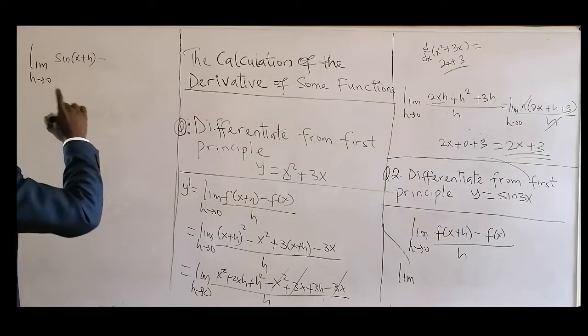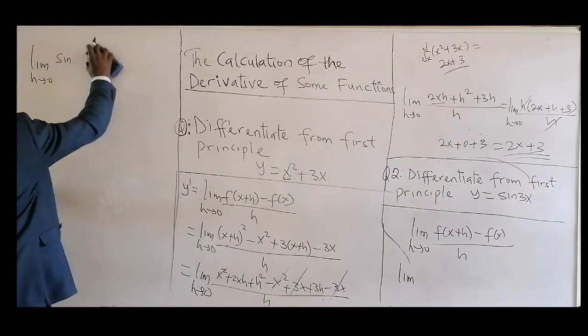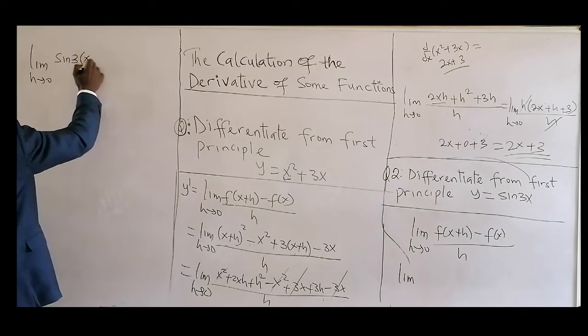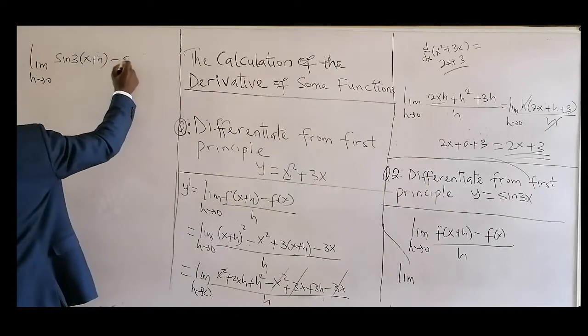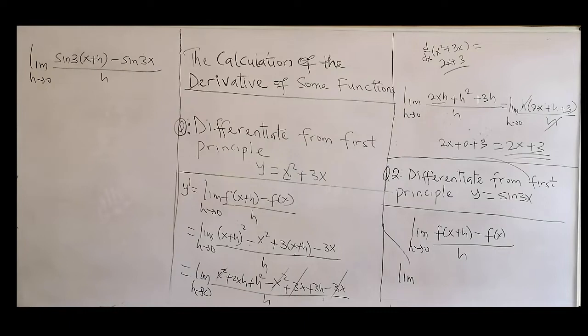No, sorry, there's a 3 outside. You take your 3 outside. When you see x, you put this one there, then minus the original function, sin 3x, over h. So this is what you have in this case.